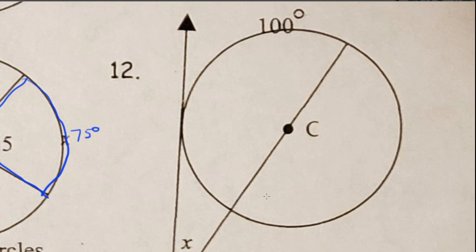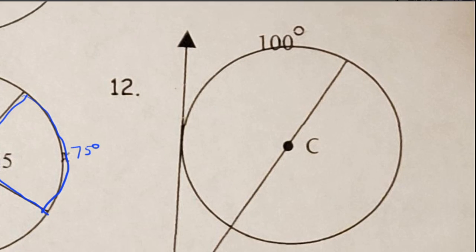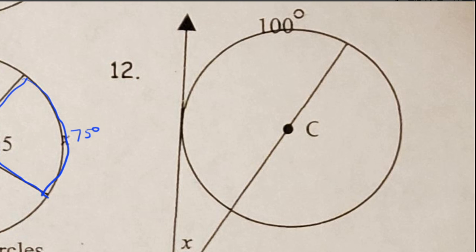Okay, last one here. We have angle X and 100. I want to find what X is. So here we want to be careful. It's a little tricky. We know we're given this diameter here. So this whole thing has to be 180 degrees because that's a semicircle.